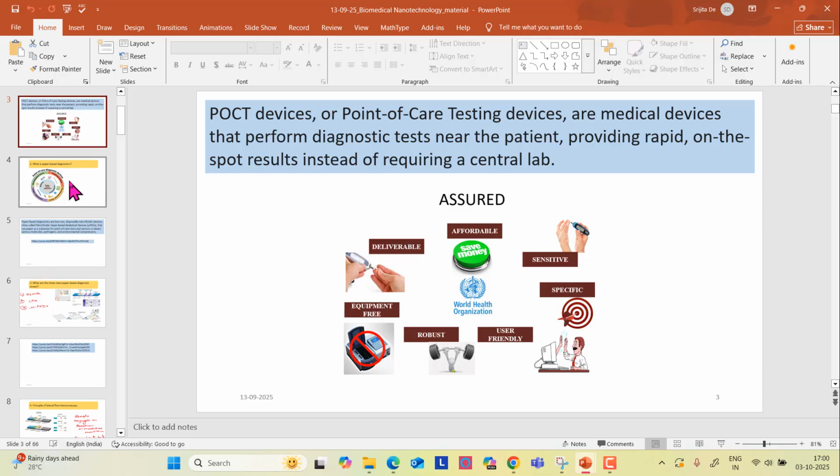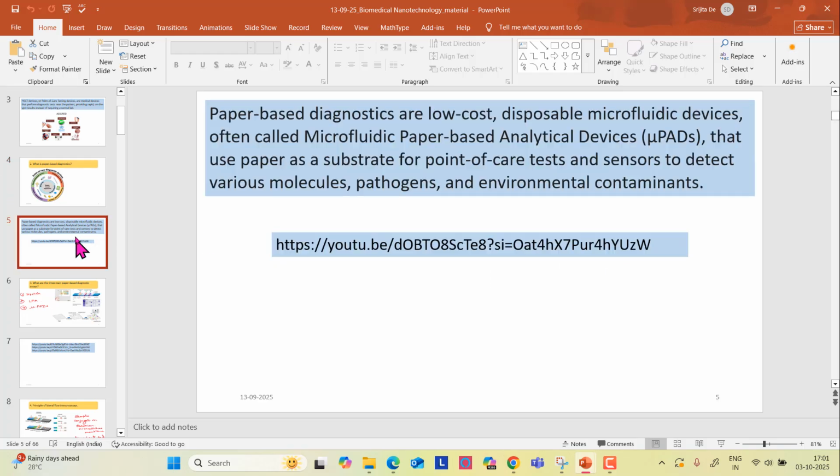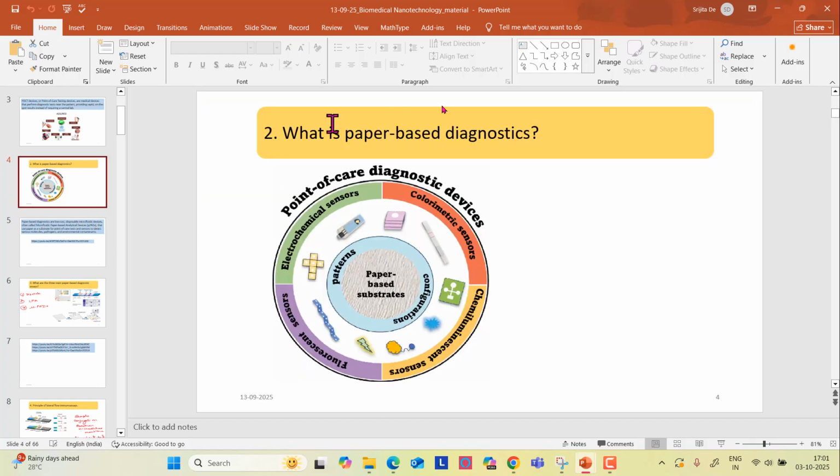And most importantly, these are portable, so it will be very helpful for the last mile population, right? And these point of care devices can also be paper based, just normal paper we use daily. So these paper based devices are very helpful to fabricate a simple system for testing.